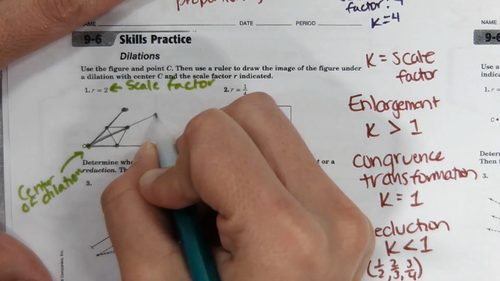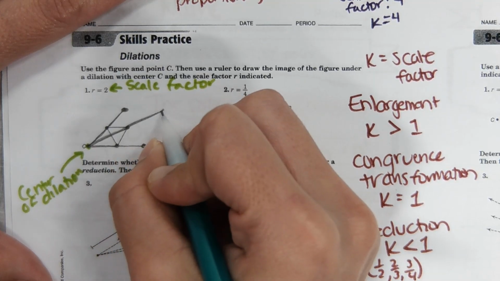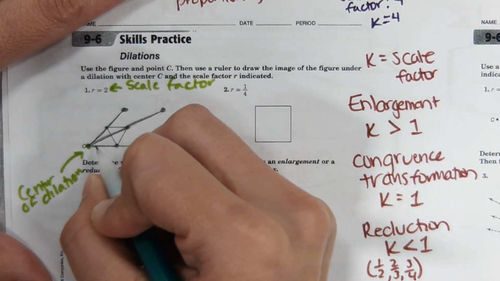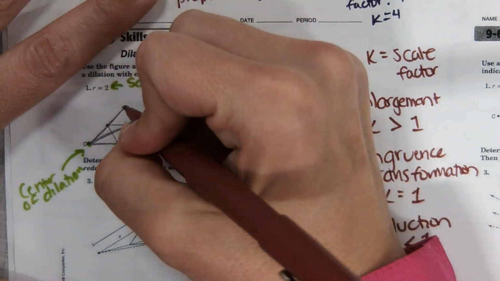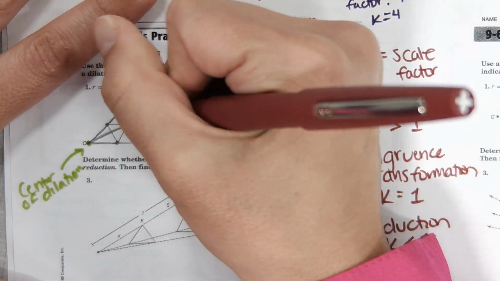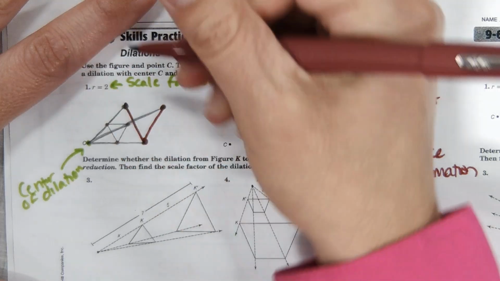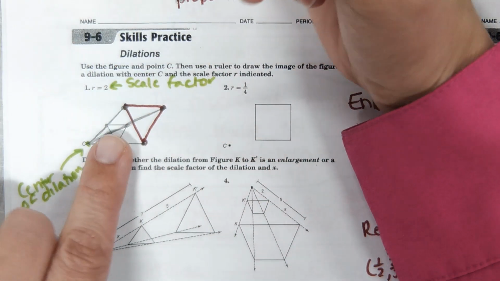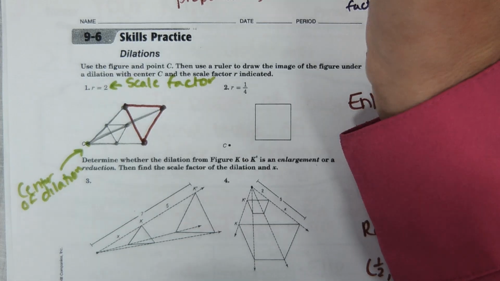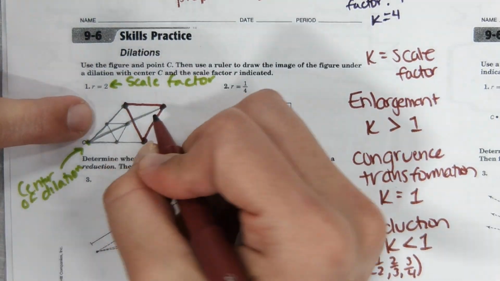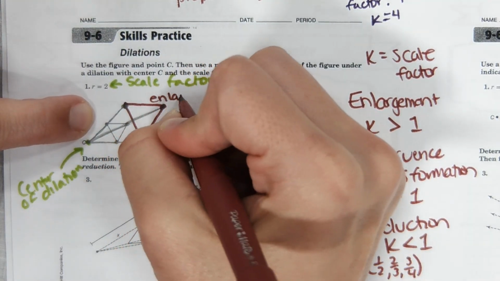So this length right here, I'm going to, as close as I can, draw that same length out from the center. And then these are our new points to our shape after the dilation. So this shape right here, the side lengths are twice as long as the original, and each of these points are twice the distance from the center of dilation.